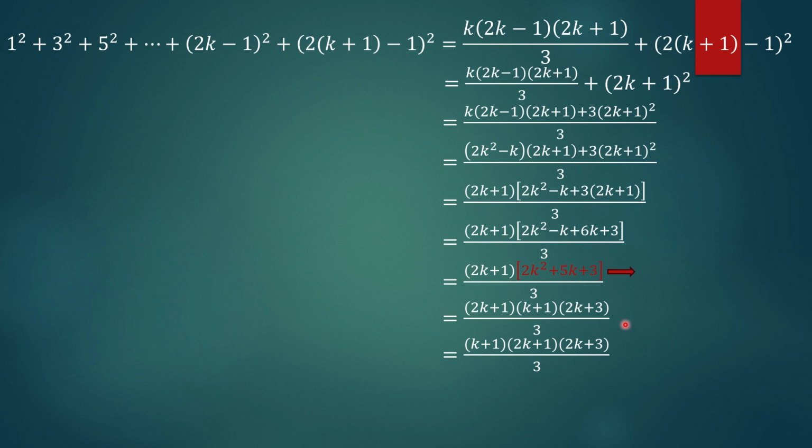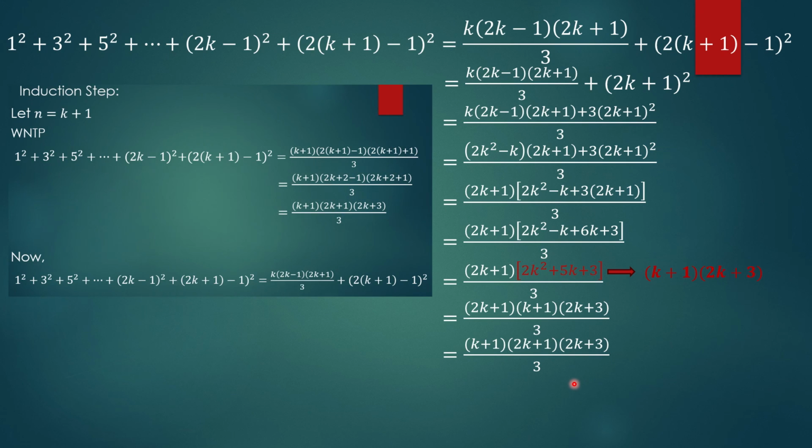So we obtain the quantity of 2k plus 1 times the quantity of k plus 1 times the quantity of 2k plus 3 all over 3. And by rearranging the terms, we have the quantity of k plus 1 times the quantity of 2k plus 1 times the quantity of 2k plus 3 all over 3.